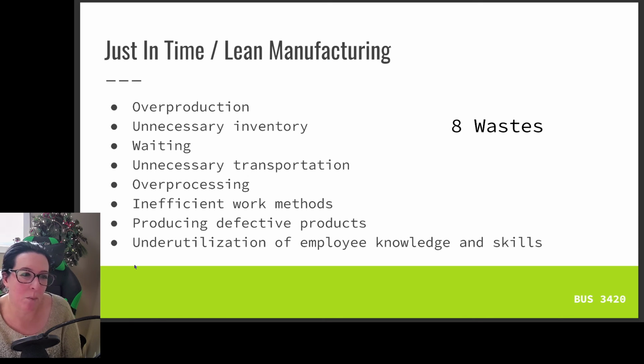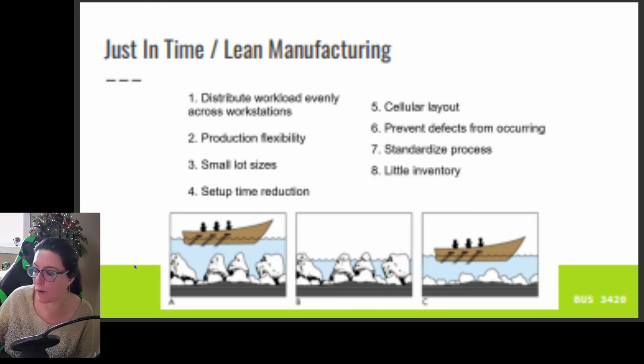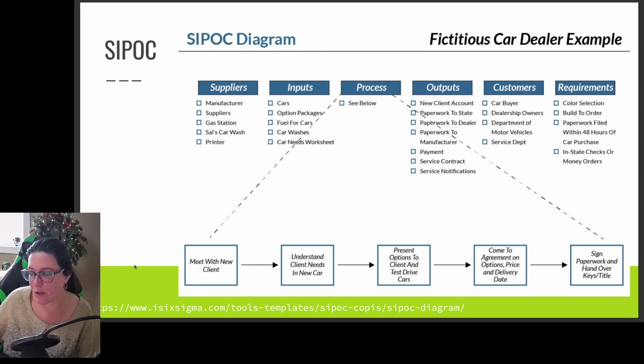Where can we find more efficient methods? Where can we reduce quality concerns? Where can we make sure we are properly utilizing our employee knowledge and skills? And so as we go back and we look at combining our inputs, our process, the outputs itself, involvement of our customers, where can we be more lean and more efficient?